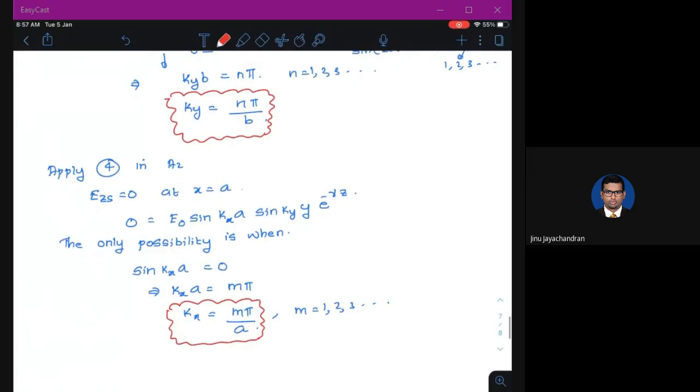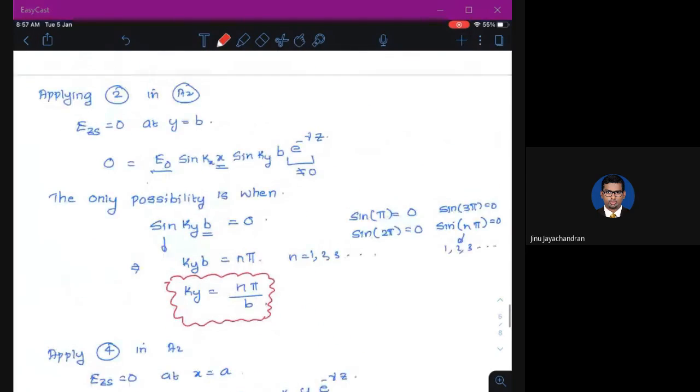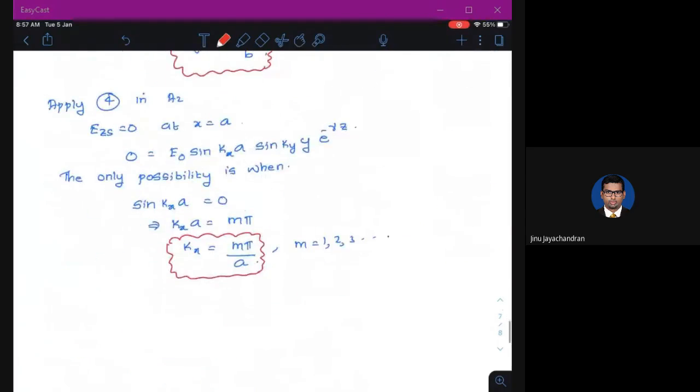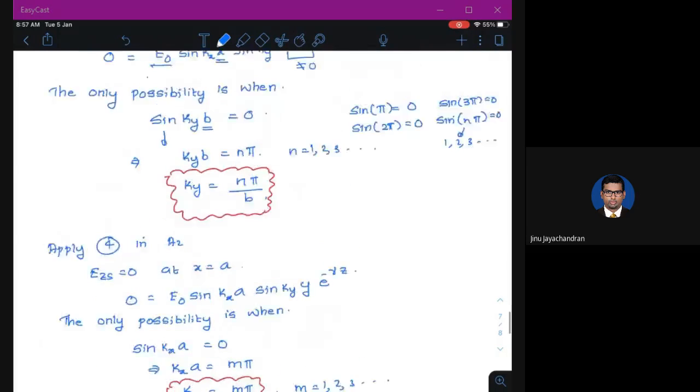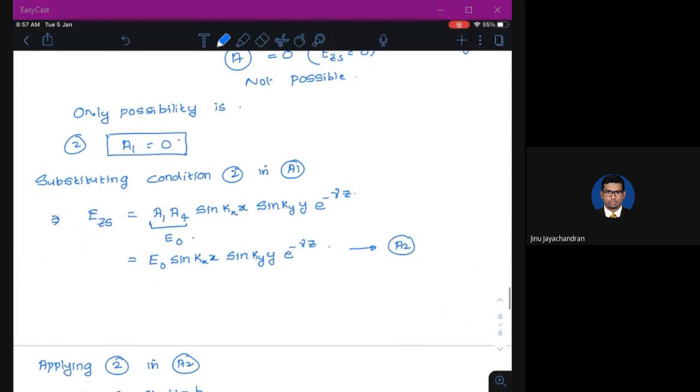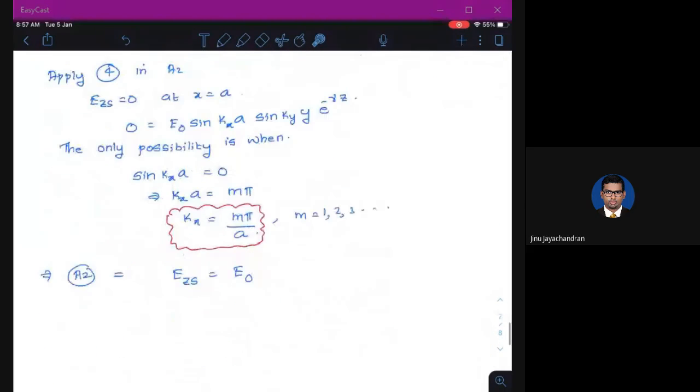Finally, you can write the equation A2. EZS is equal to E0. We already found the expressions for kx and ky, so you substitute them.